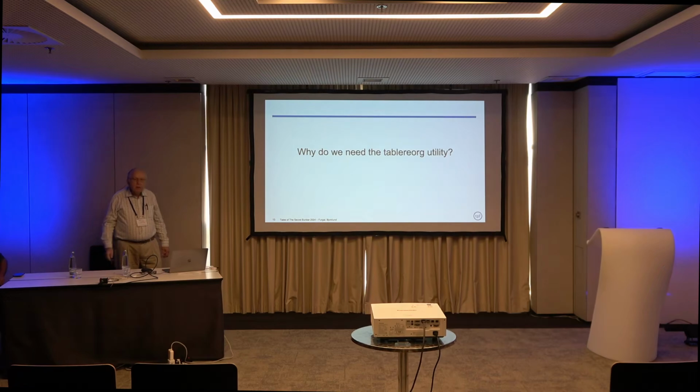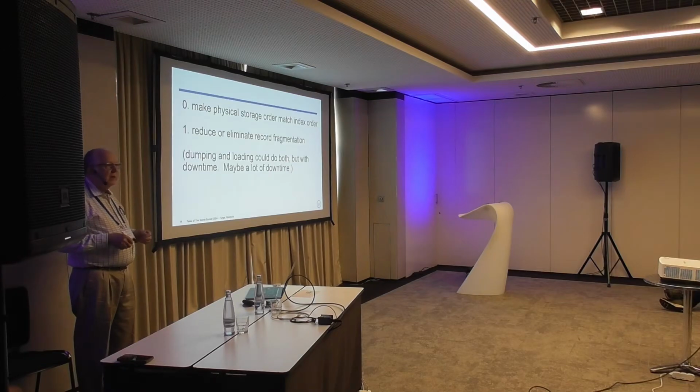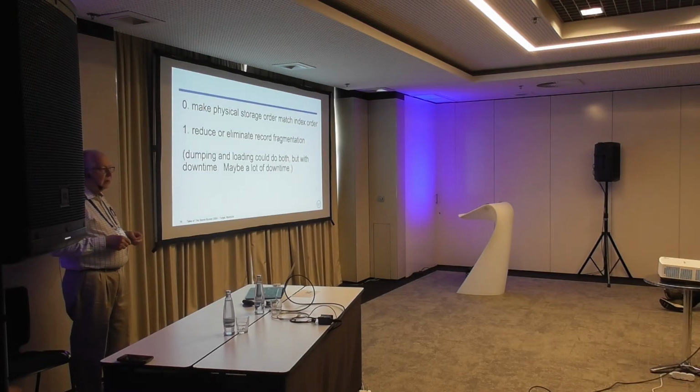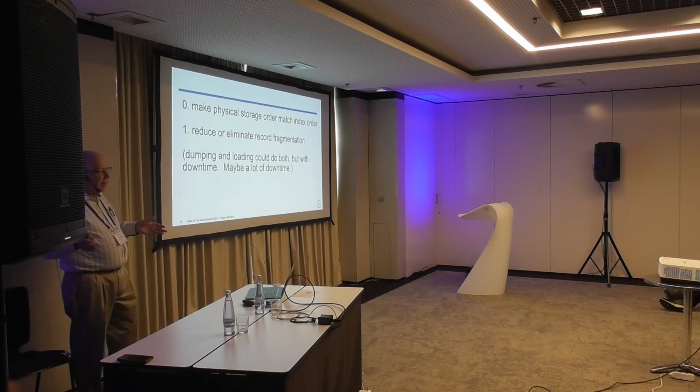Okay, so why do we need the table reorg utility? Well, two things. Make the physical storage order match index order. I'll explain how that matters in a minute. And the other is to reduce or eliminate record fragmentation. When you have large records that don't fit in a block, they have to be fragmented.